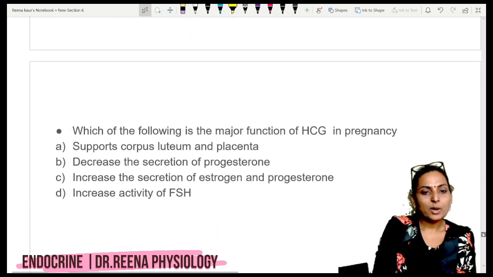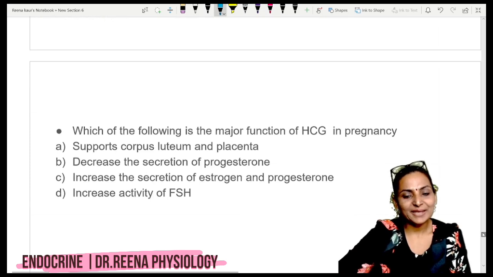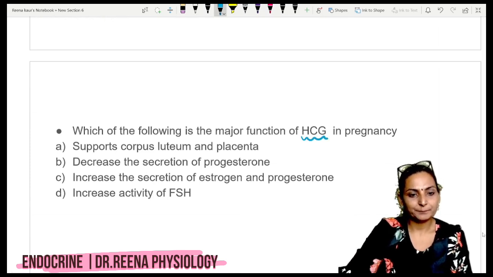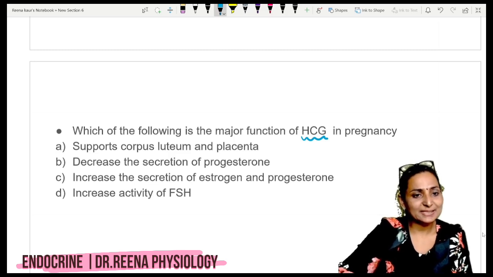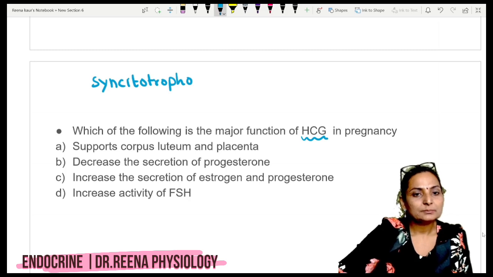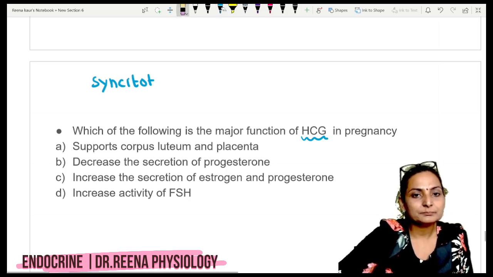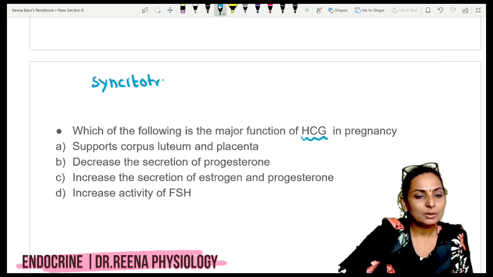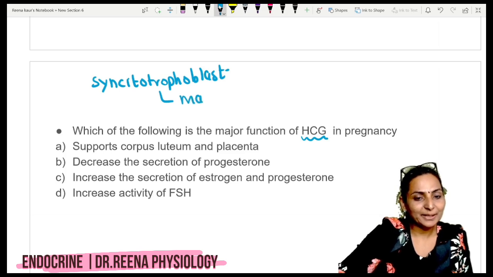Now, what is the major function of HCG in pregnancy? HCG is secreted by the syncytiotrophoblastic cells, and its main role is to maintain pregnancy. Correct.